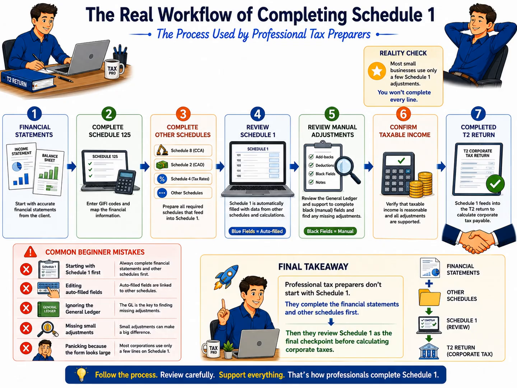Remember, most small businesses use only a small number of Schedule 1 adjustments. You won't complete every line on the form, and that's perfectly normal. By following this professional workflow every time, you'll prepare more accurate returns, avoid common mistakes, and develop habits that will serve you well throughout your career in corporate tax.